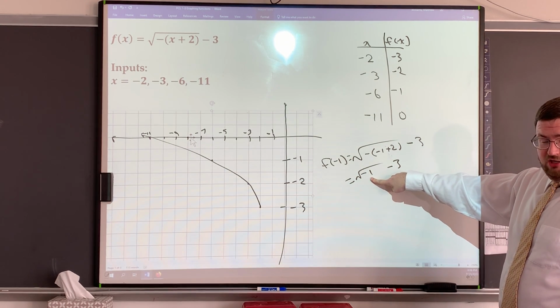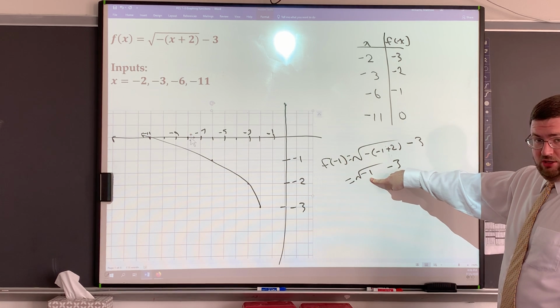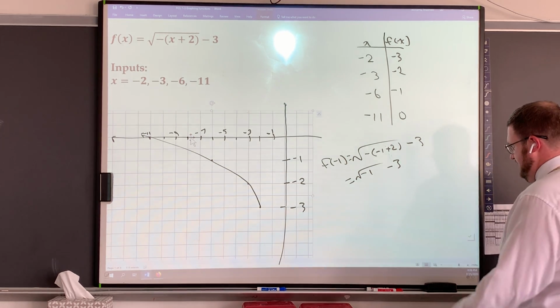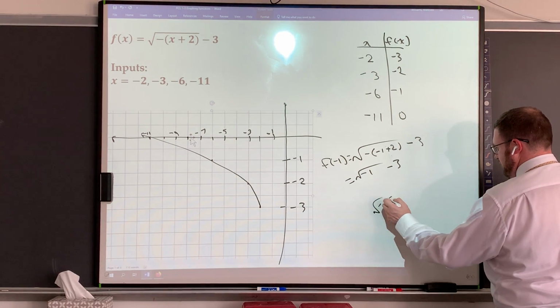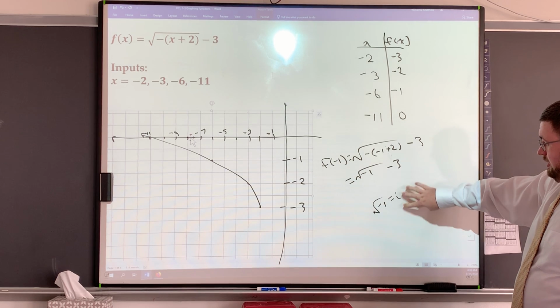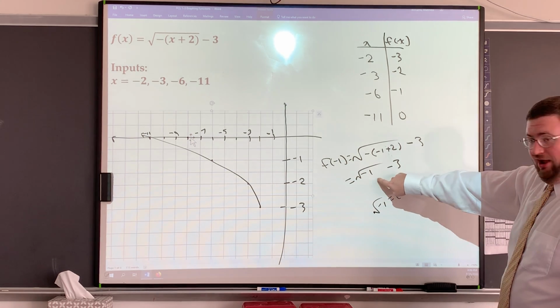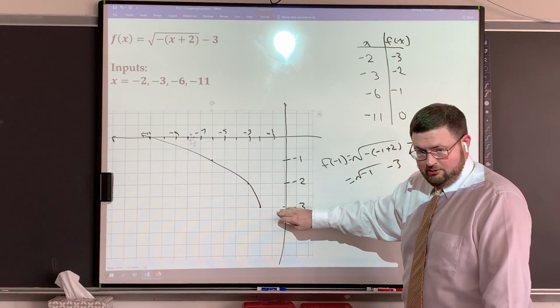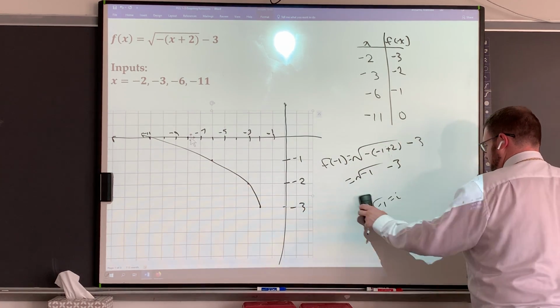We talked last year in Algebra 2 about how that is an imaginary number, or this whole thing together is a complex number. We said last year that the square root of -1 equals i. You don't have to remember that right now, I'm just reminding you. So that is why this will not be graphable, is because when we get to -1, we get an imaginary number, or sorry, a complex number.